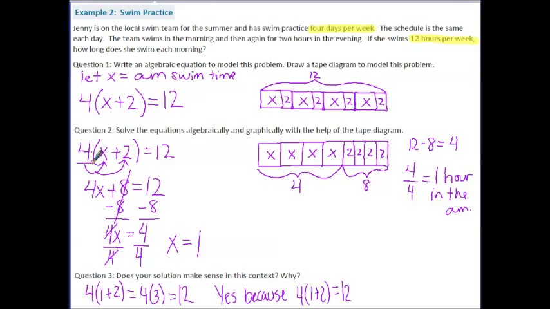Now, if there's a combination of these, what you're actually going to do is follow the order of operations, and that's PEMDAS. So P stands for parentheses, E stands for exponents, M is going to be combined with D because multiplication and division is done left to right in the order of operations. And A and S are also going to be combined because addition and subtraction are also done left to right.